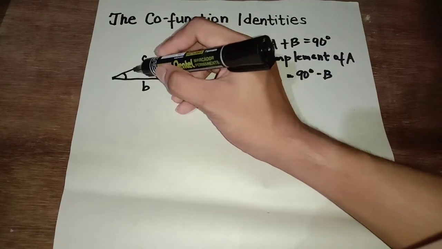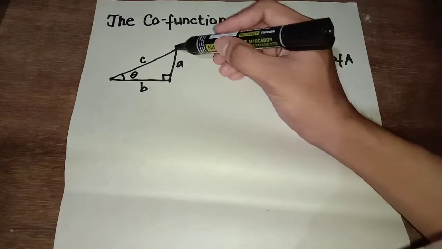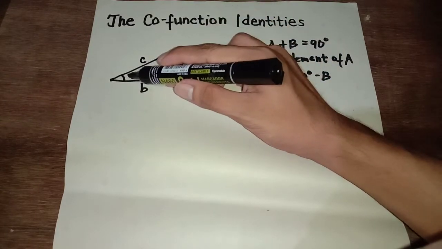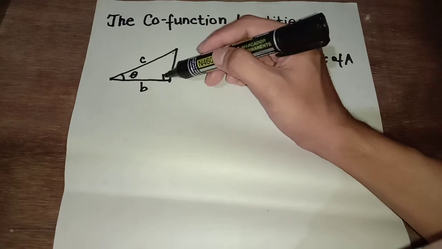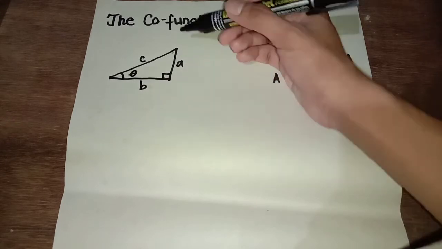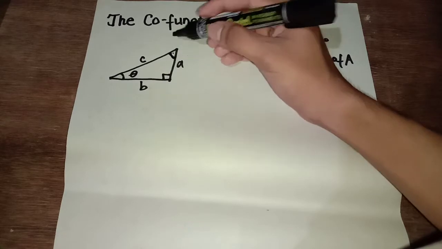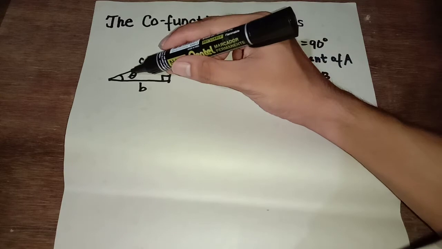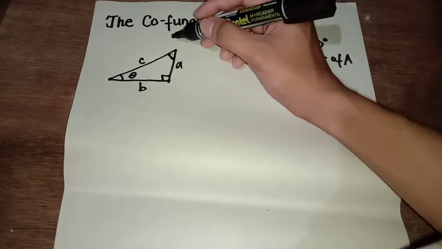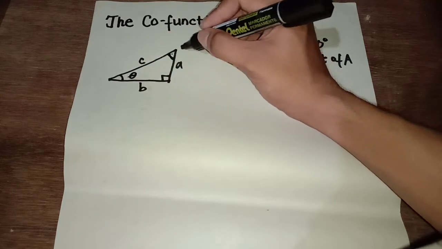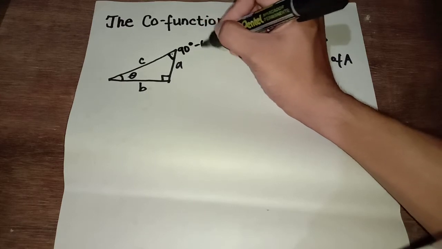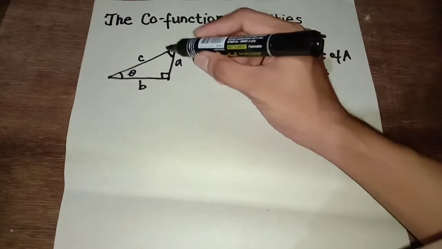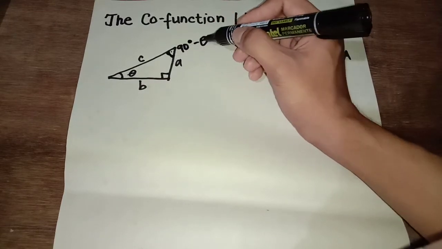So if this is theta, all we know that in the right triangle, the sum of the angle of this angle plus this angle plus this angle is 180 degrees. So therefore this side is 180 minus 90 minus theta, which is just 90 minus theta. So itong angle na to is just 90 degrees minus theta.